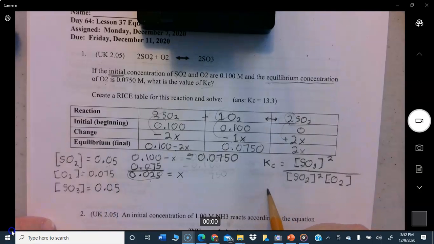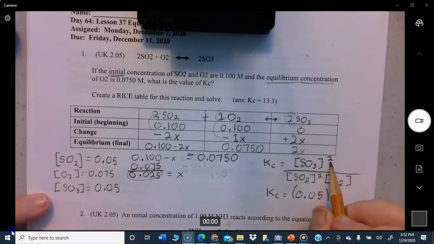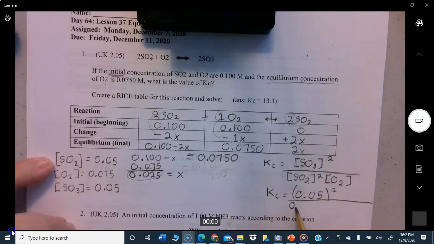So we're going to plug those in. SO3 is 0.05. Okay, I'll use parentheses now since it's a math equation, and that's raised to the second power. SO2 is right there. It's also 0.05 squared.